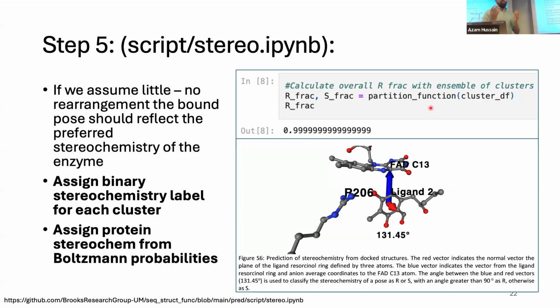That way, if you do the macro state analysis, you can assign probabilities to each macro state based off the energy differences and say, all of the R macro states have these probabilities, all of the S macro states have these probabilities. What's the probability of it being R or S?